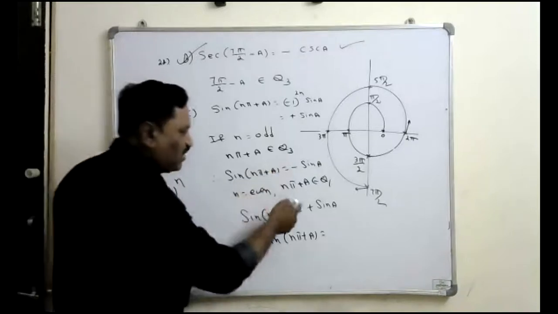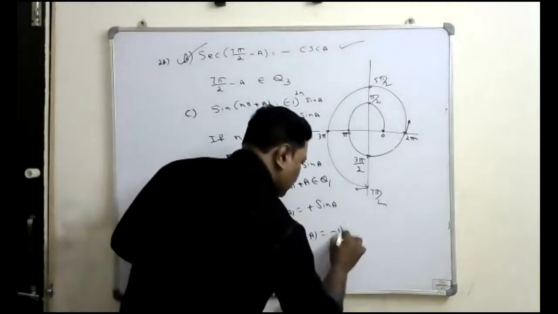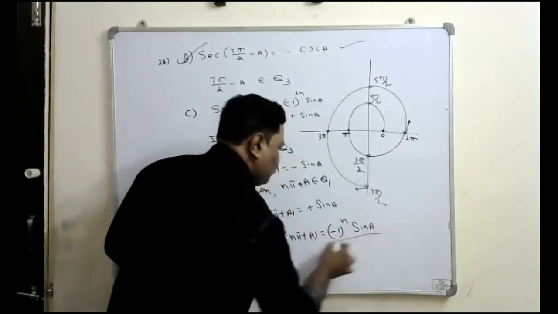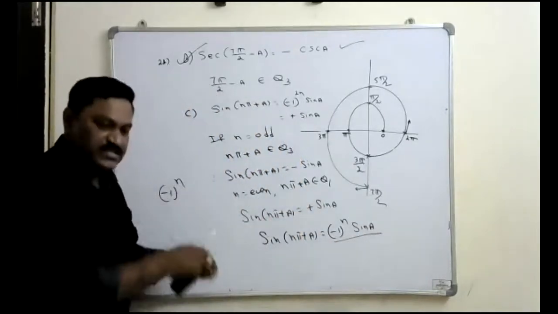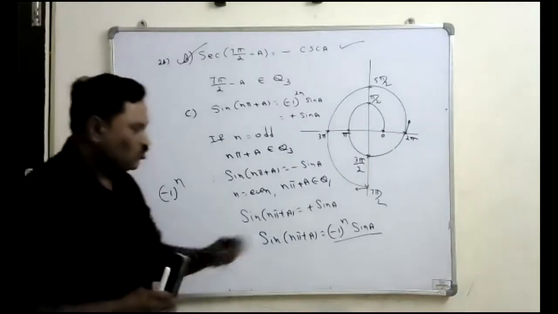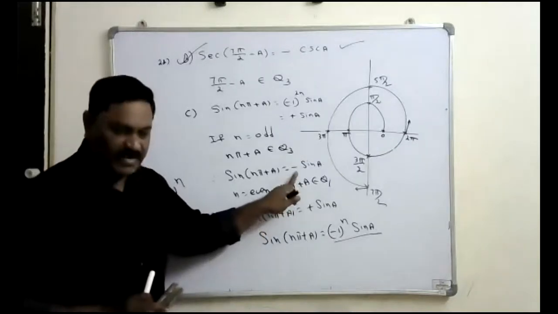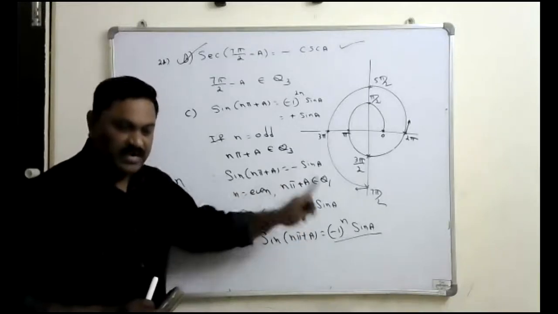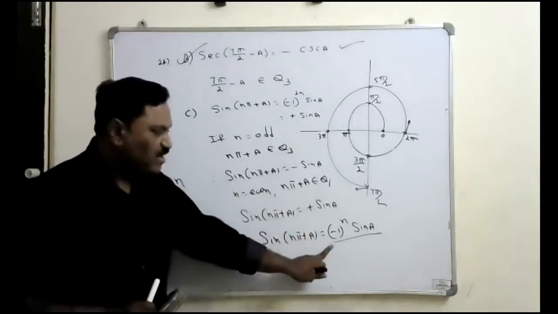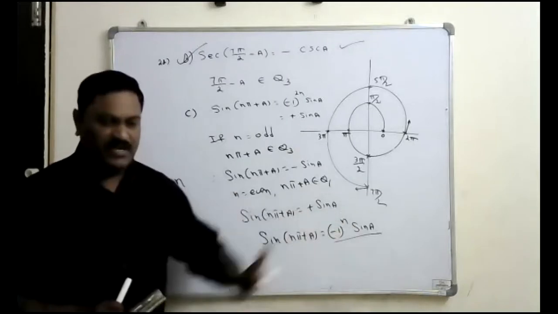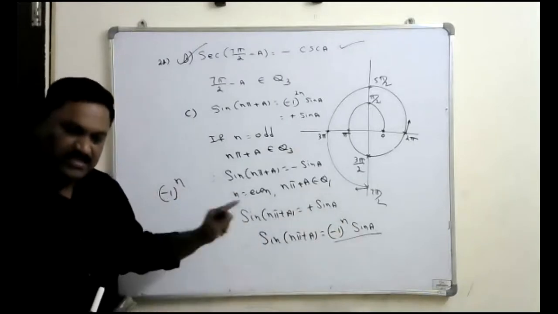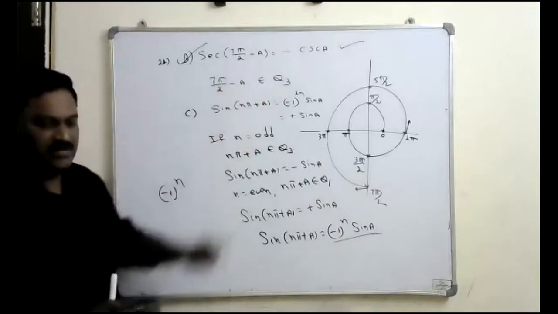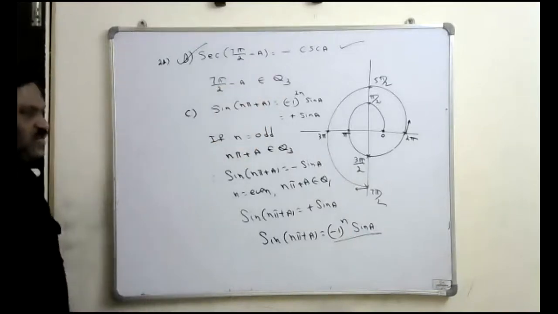That's why this minus or plus we can express as minus 1 whole power n sin a. If they had given like this, then this is the correct answer. But they have given minus 1 whole power 2n, that's why it is not the correct answer. Take that.